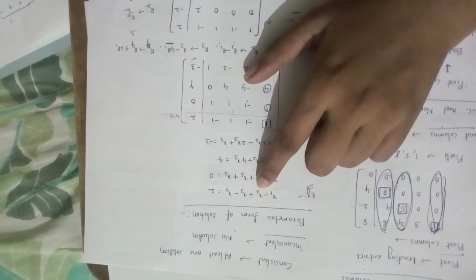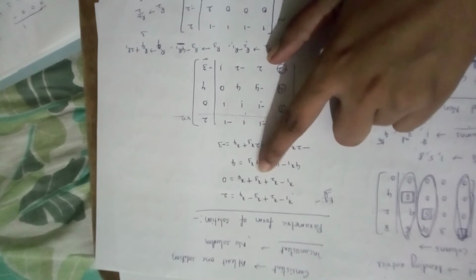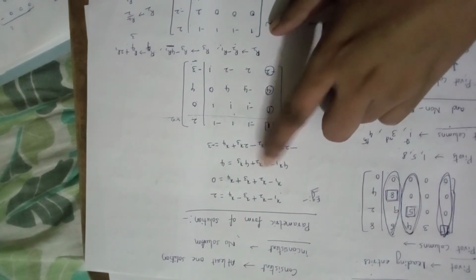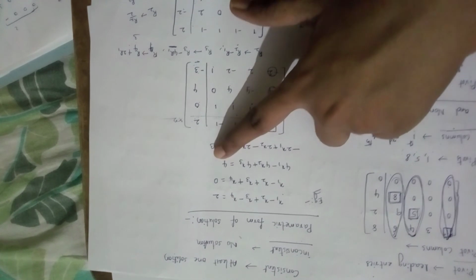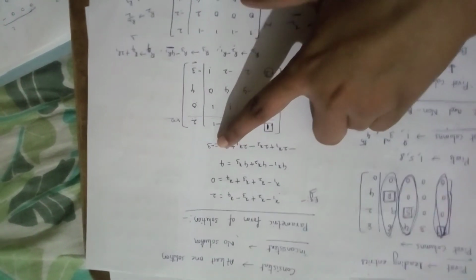So once again, see here, what is parametric form of solution is nothing but, first of all, I am taking one system of equations, that is x1 minus x2 plus x3 minus x4 is equal to 2, and x1 minus x2 plus x3 plus x4 is equal to 0, and 4x1 minus 4x2 plus 4x3 is equal to 4, and minus 2x1 plus 2x2 minus 2x3 plus x4 is equal to minus 3.